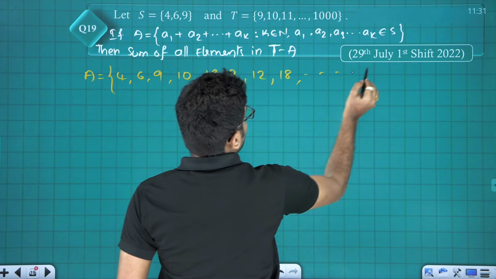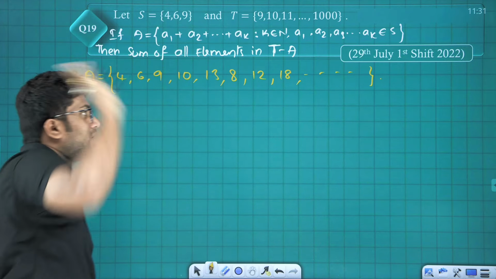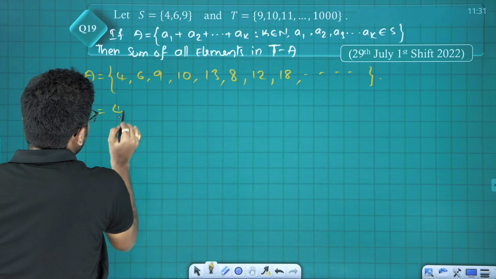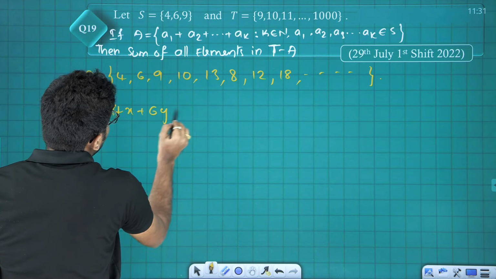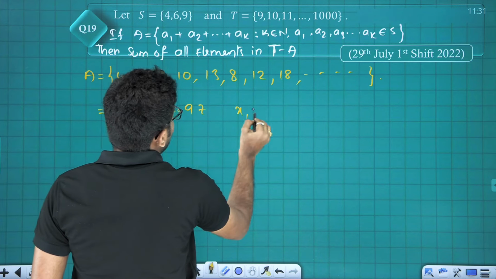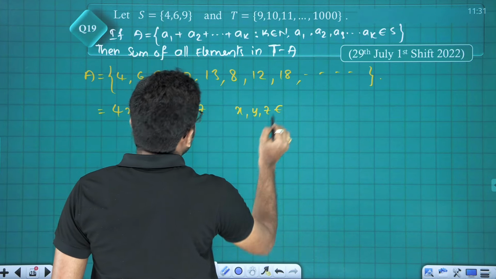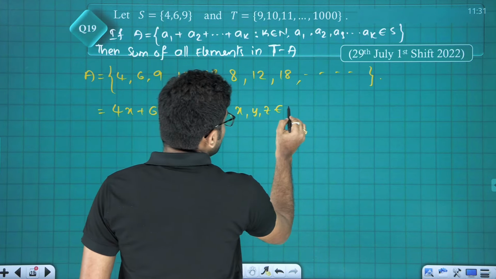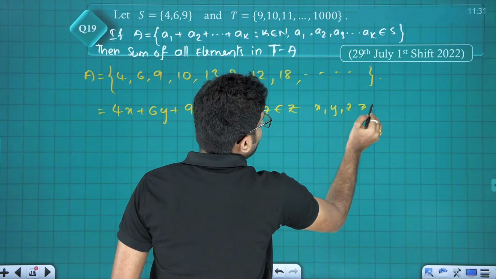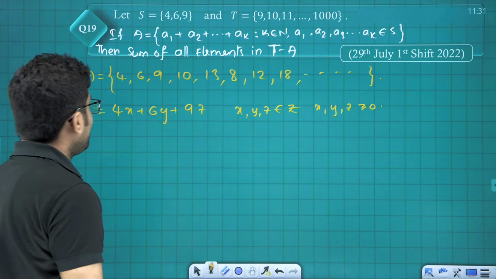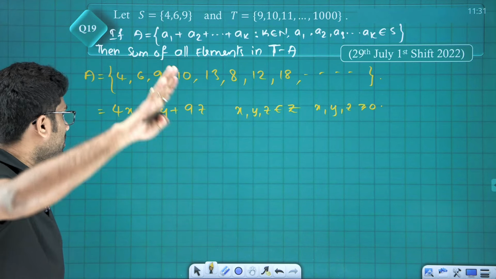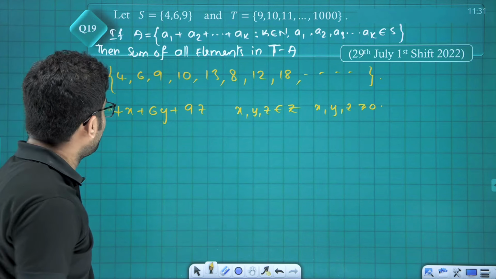And so on we get many elements, such that these will always be of the form 4x plus 6y plus 9z such that x, y, z belong to integers and x, y, z greater than or equal to 0, but x, y, z should not be 0 at the same time.